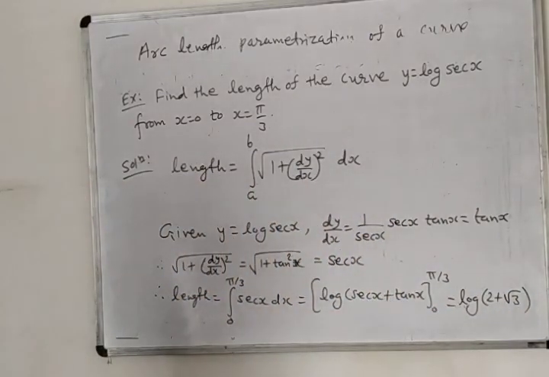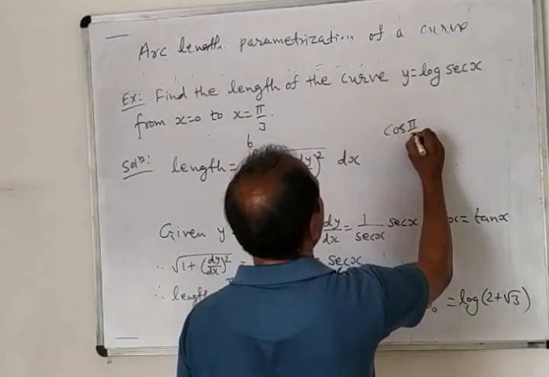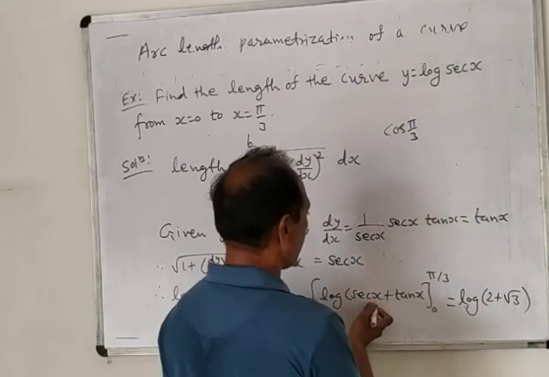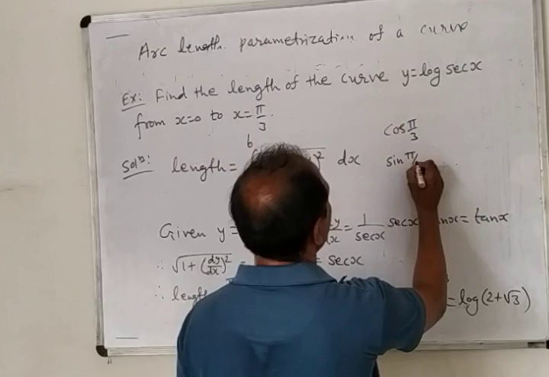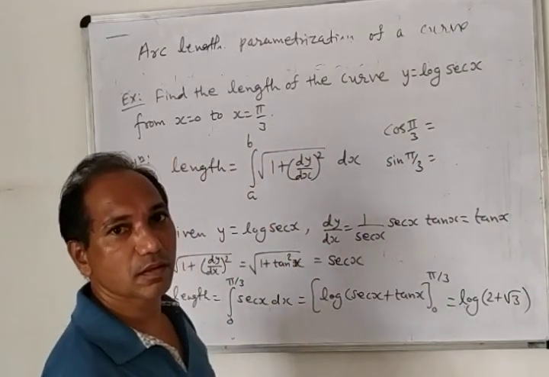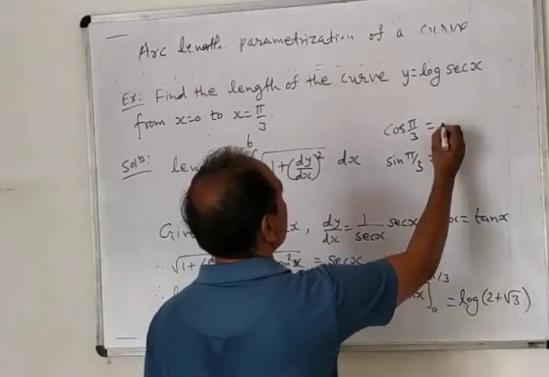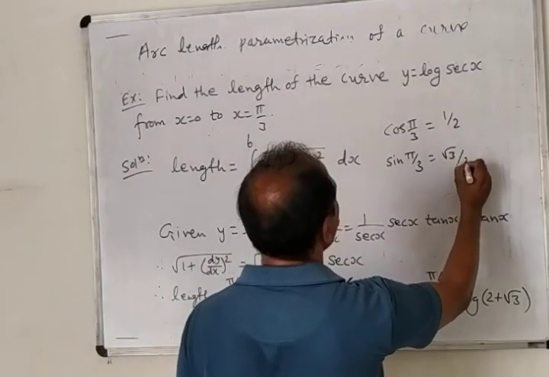Because you know what is cos pi by 3 and what is sin pi by 3. Cos pi by 3 is 1/2, and sin pi by 3 is root 3 by 2.